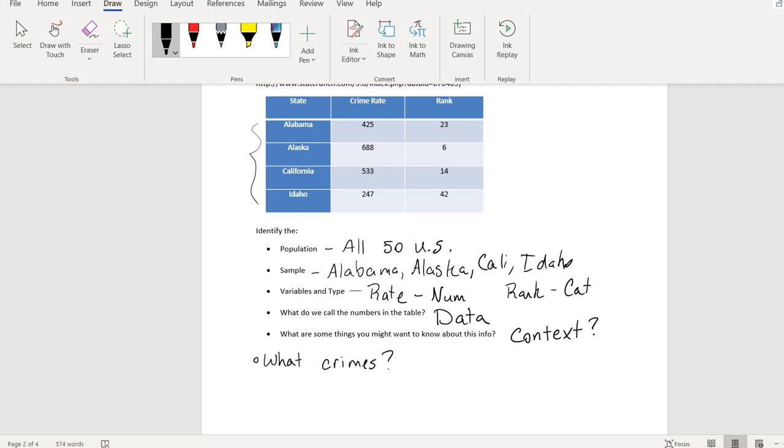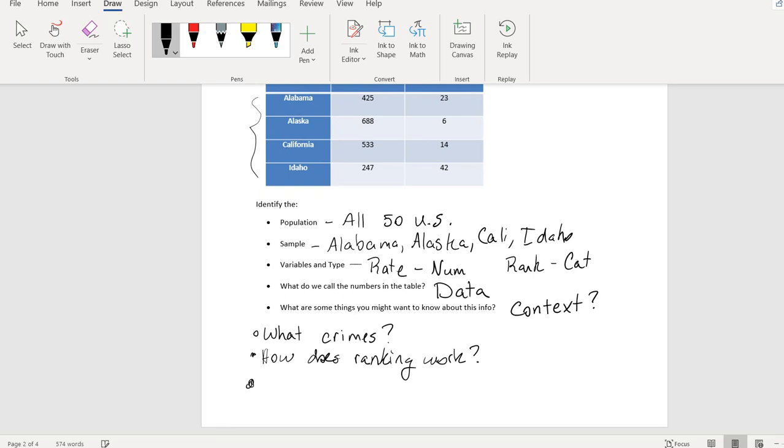Are these murders? Are these thefts? Are these misdemeanors? Another thing we might want to know is how the ranking works. If Alabama is ranked 23, does that mean it's the safest? Does it mean it's the most dangerous? I might be able to gather some information from these, but I'm still not really sure.